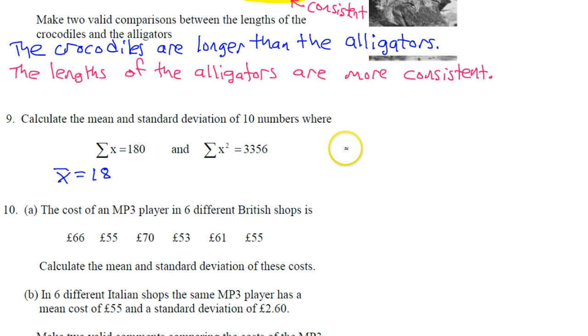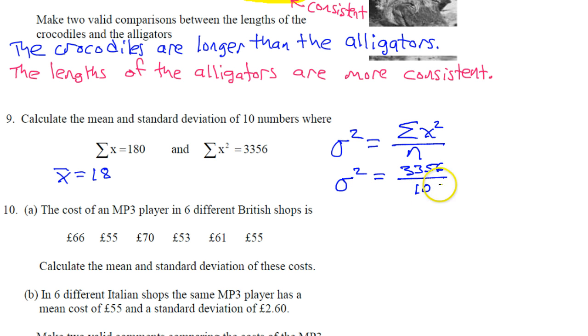They gave us 3,356, and dividing by 10, you just move the decimal point over one place, so we don't need a calculator. The variance is 335.6.